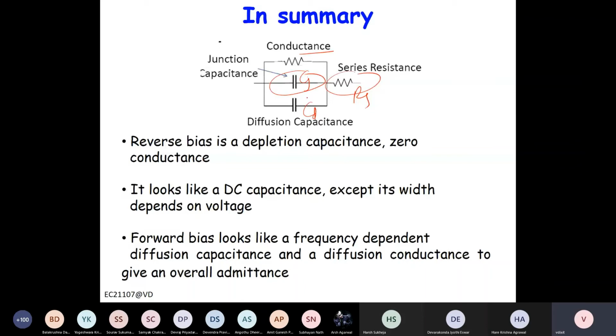In forward bias, the diffusion capacitance and the conductance dominate. So for reverse bias, you can say it is just like a DC capacitance, right? And in forward bias, it is a frequency dependent diffusion capacitance and a diffusion conductance.